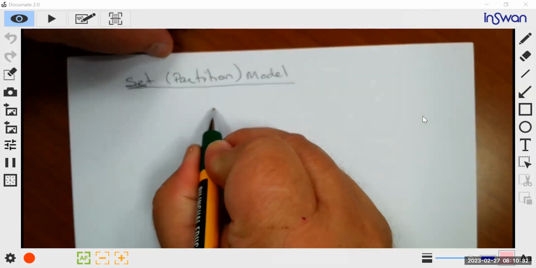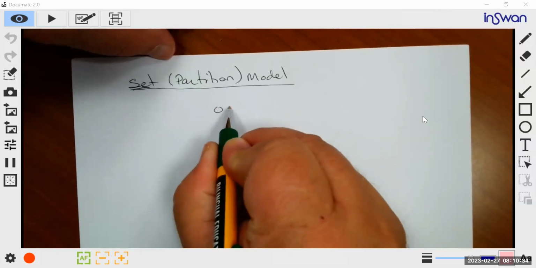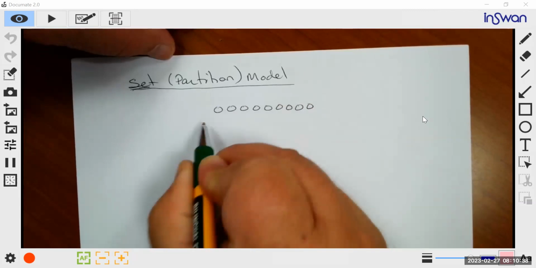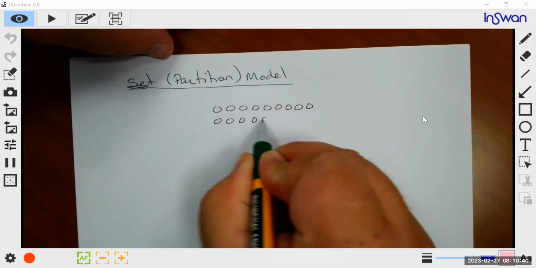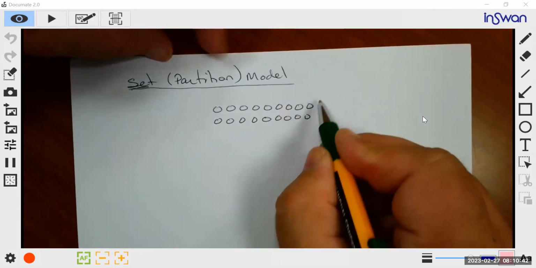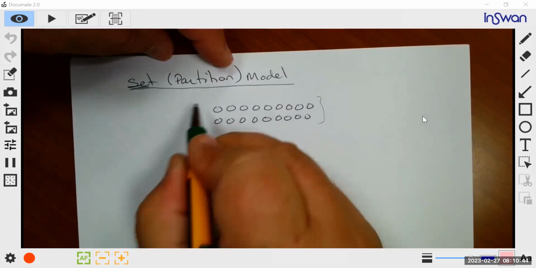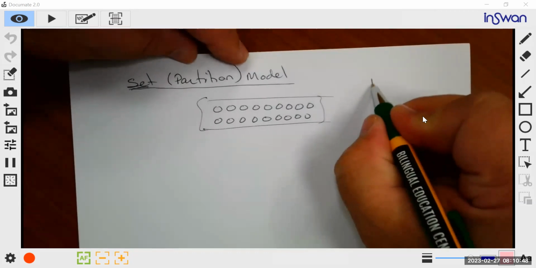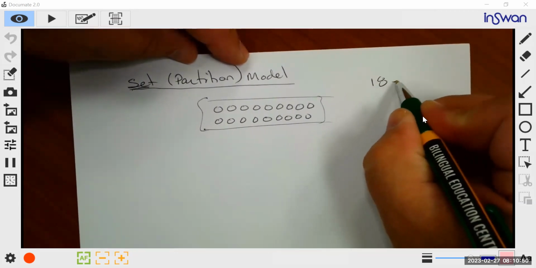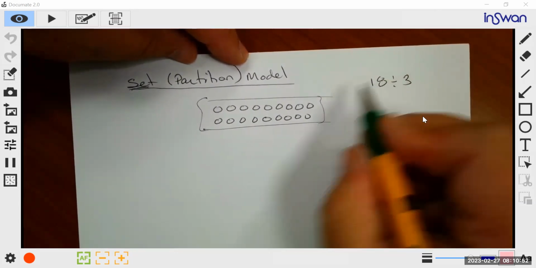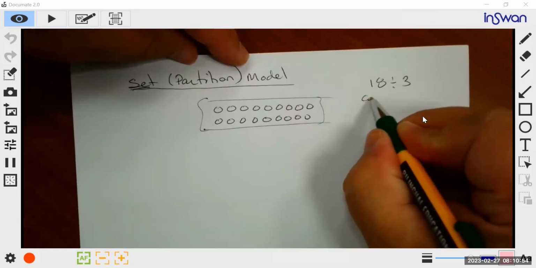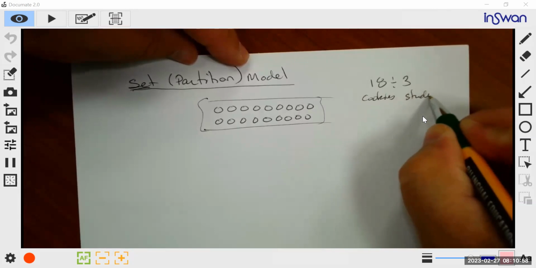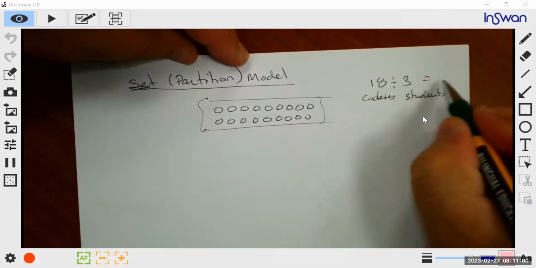If we had 18 cookies, here's our set. So we're going to do 18 divided by 3. We have 18 cookies and we have 3 students. How many do they each get?